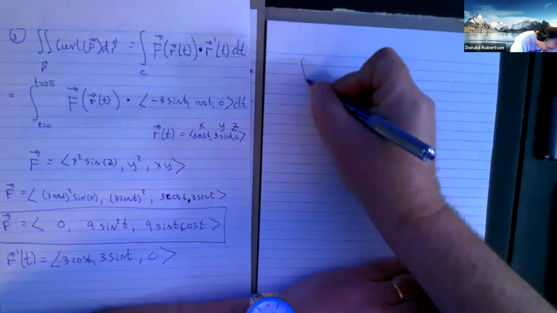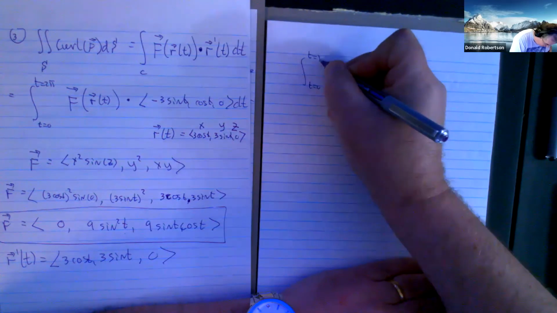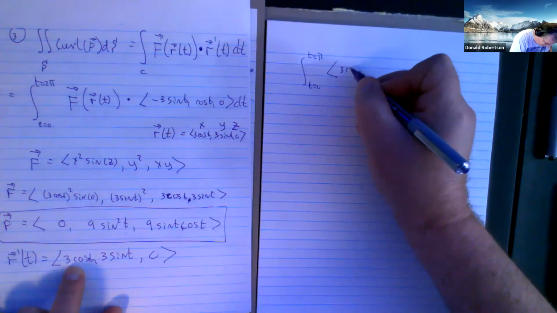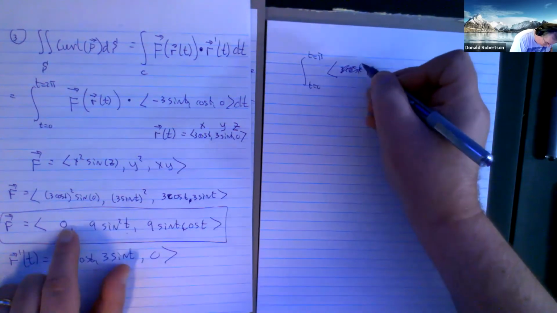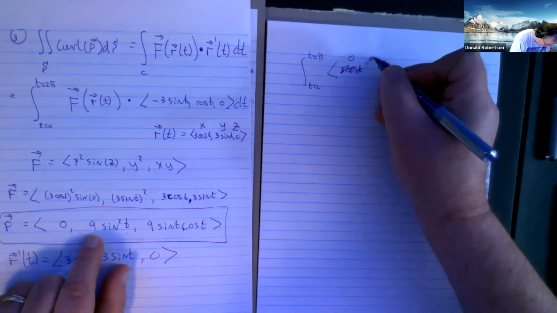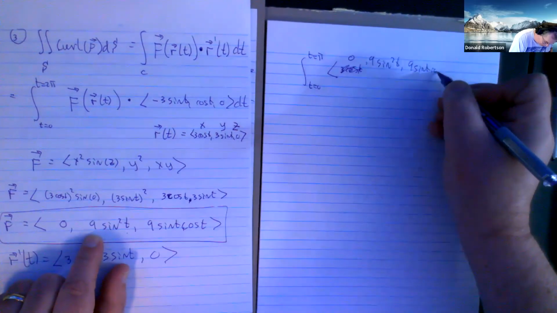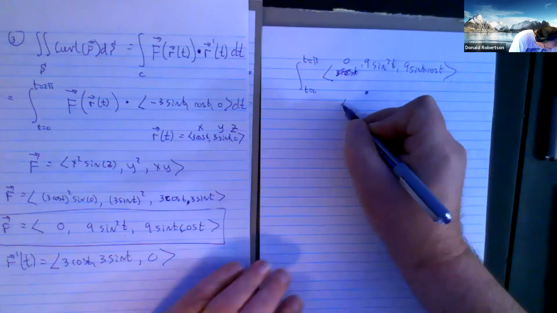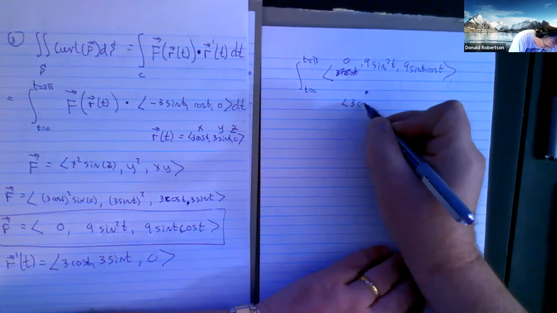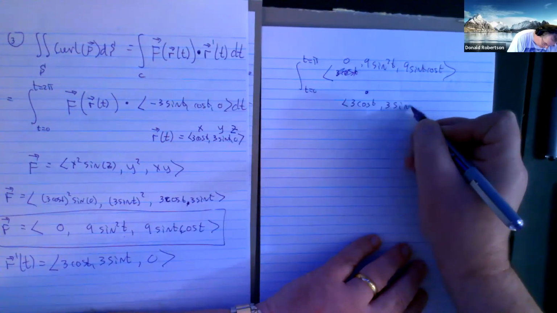So it's going to be the integral from t equals 0 to t equals pi of this fella, dt.